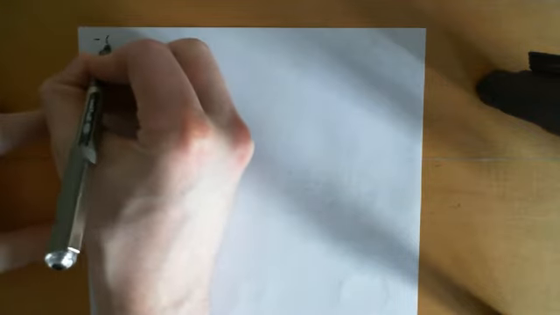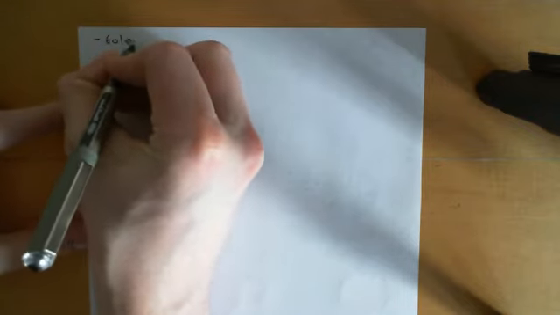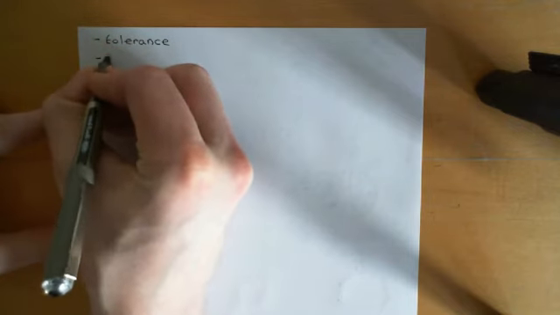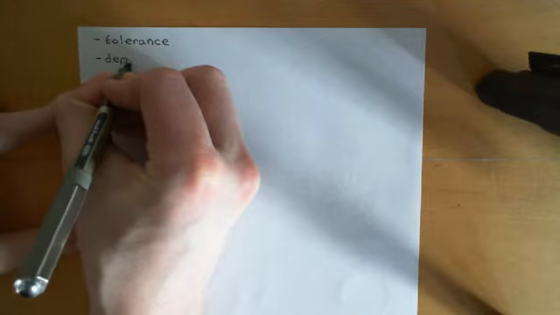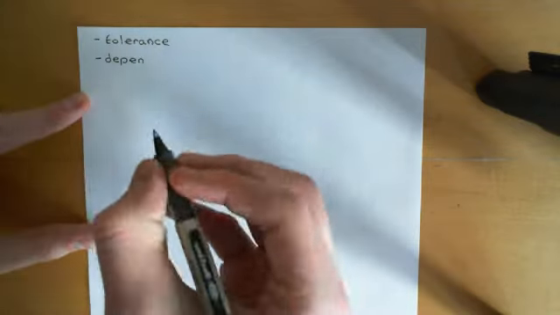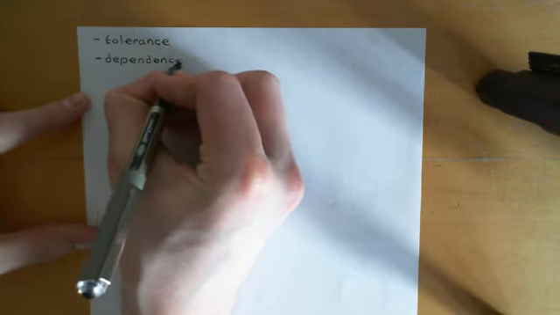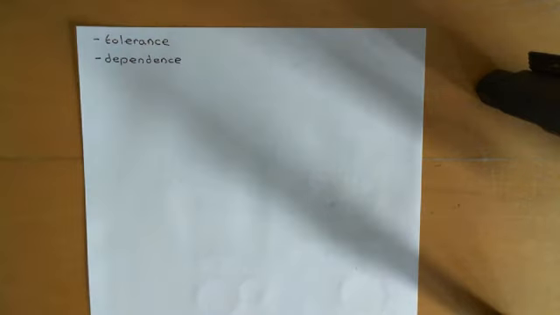Basically, benzodiazepines have the properties that they induce tolerance and dependence. So this is the problem. These are two very key concepts, tolerance and dependence. What do these mean? Tolerance basically means that as you continue taking the drug, the amount of the drug that you have to take in order to get the same effect goes up.